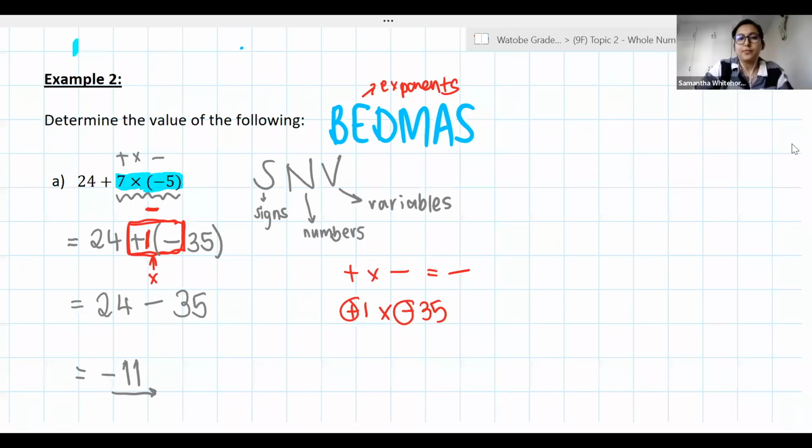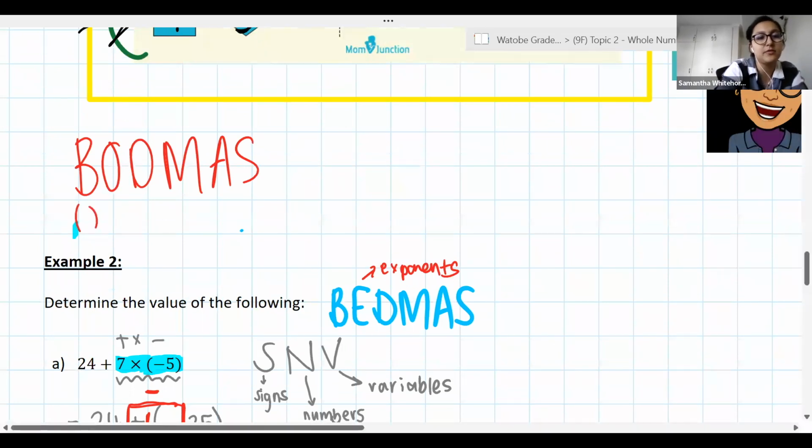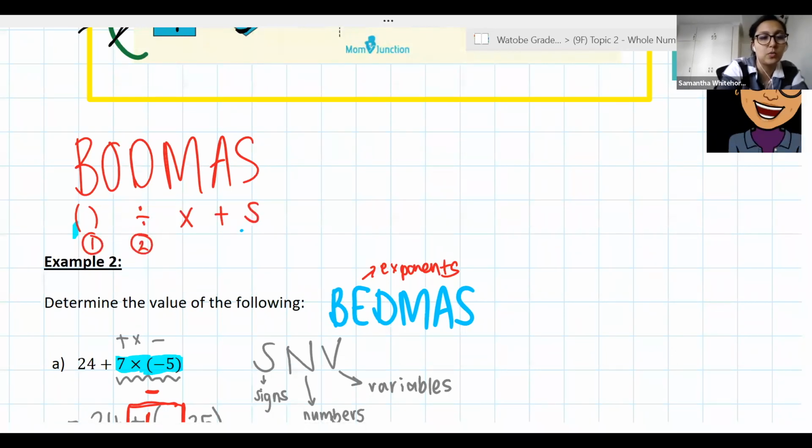Okay, so bodmas tells us the order in which we need to do our work. So it tells us to do the brackets first, then division, then multiplication, then addition, then subtraction. So it gives us an order in which we should do our operations.